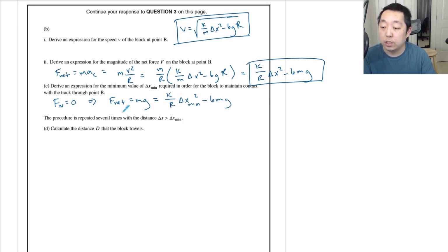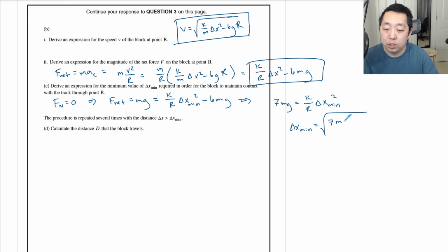And then you're just going to solve it. So I get 7mg, adding the 6mg to the 1mg. 7mg is k over r delta x min squared. And then delta x min, multiply by r divided by k and take the square root. So 7mgr over k, square rooted.